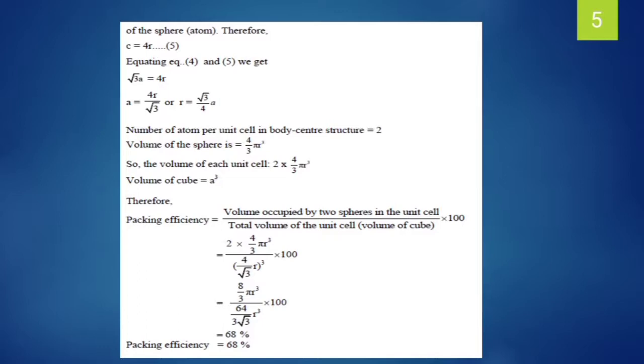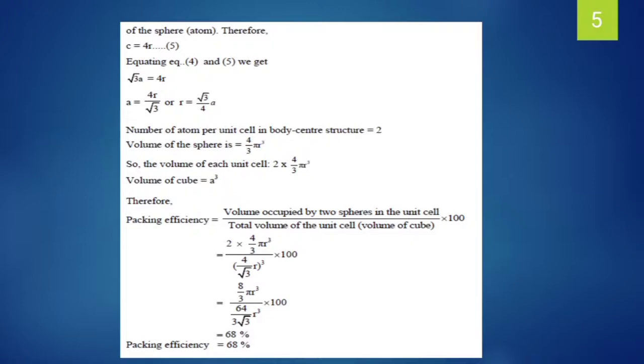Volume of sphere is 4 by 3 pi r cube. Therefore, the volume of each unit cell is equal to 2 into 4 by 3 pi r cube. And you know, the volume of cube is a cube. So, packing efficiency is equal to the volume occupied by two spheres in the unit cell divided by the total volume of the unit cell, that is the volume of cube, into 100.